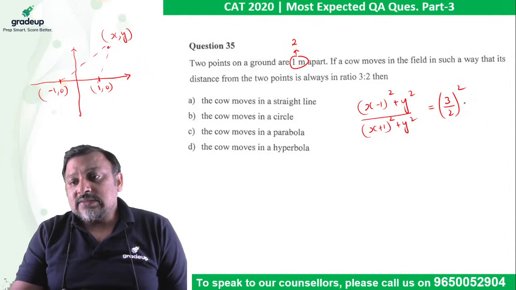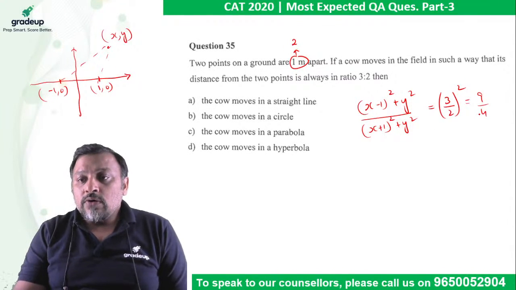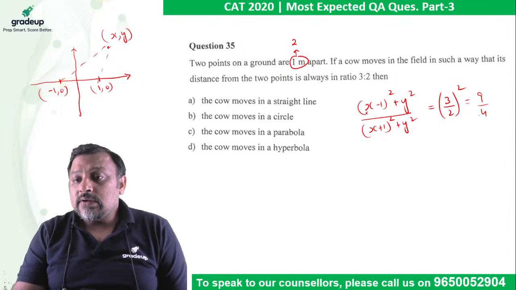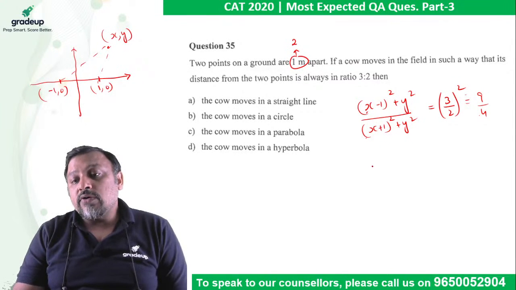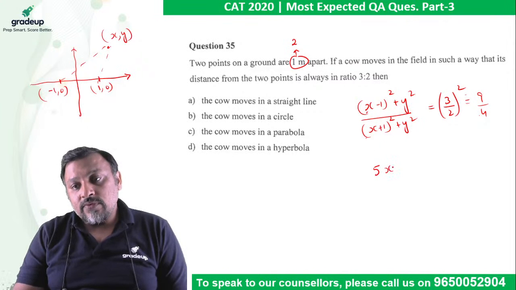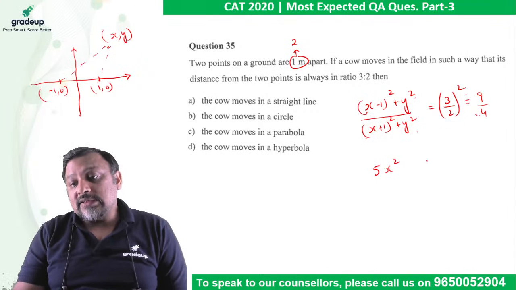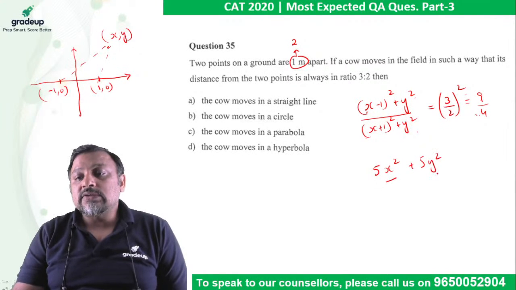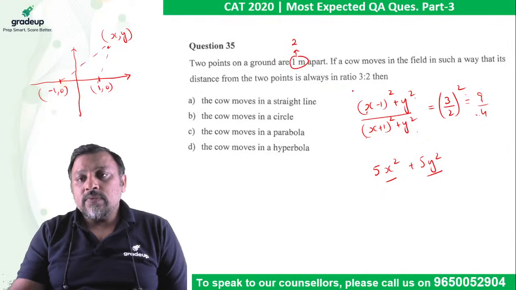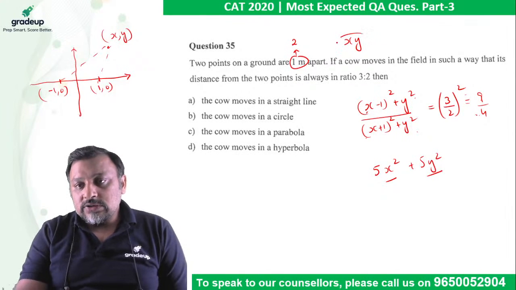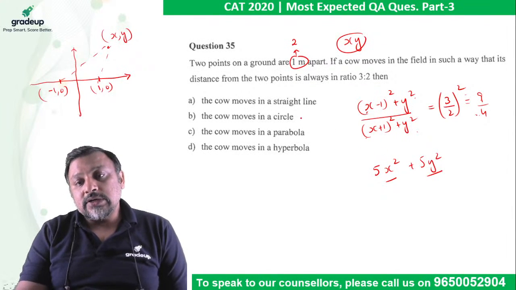If I simplify this, you'll get 4x square and 9x square, so the coefficient of x square would be 5. Similarly, if I solve this, I'll get the coefficient of y square also as 5. So since the coefficients of x square and y square are both the same, and there is no term involving xy, that means it represents a circle.